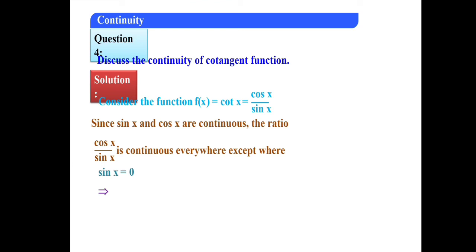Now writing the solution for this equation, we get x equal to n pi. So therefore the cotangent function is continuous except at x equal to n pi, which means other than n pi angles, for the remaining angles the cotangent function, or cot x, is continuous.